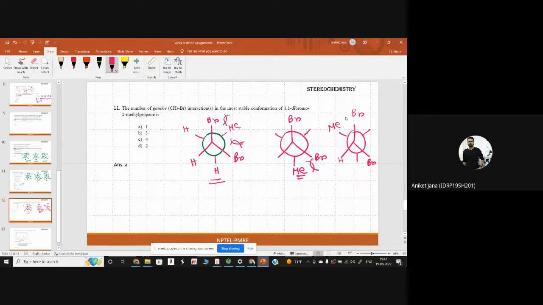And in this conformer, only one interaction is possible, right? So what will be our right answer? The number of gauche interactions in the stable conformer will be one. Exactly. This is the same kind of structure as the previous one.